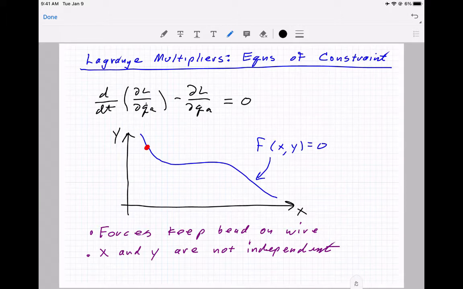If I have motion in the plane, in general, I've got two coordinates, x and y, that I'm using to describe the motion. If we didn't have constraints, we would have 2 degrees of freedom and 2 generalized coordinates. Now that we've got this curve that the bead has to be on, it's really pseudo one-dimensional, although we don't really want to use that word.